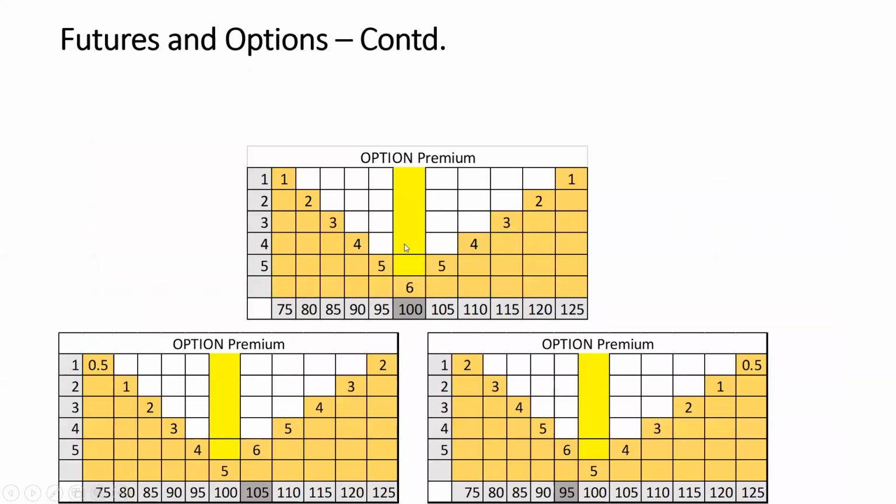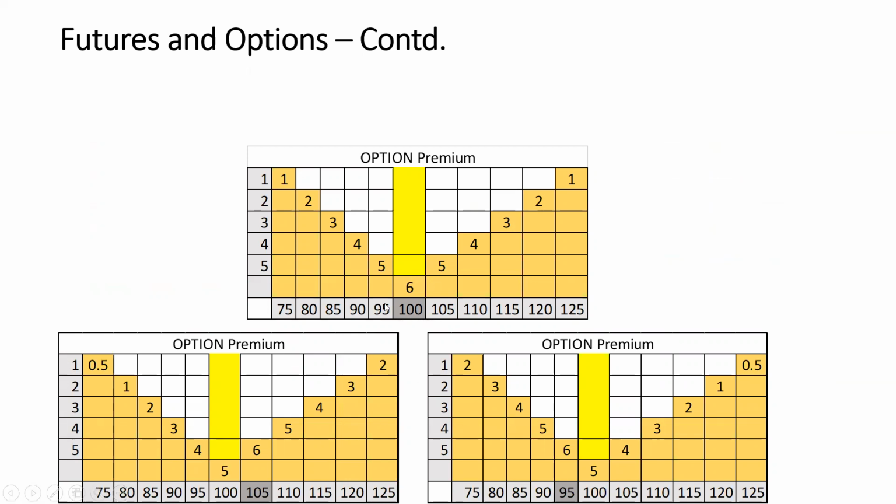Here I'll explain how the premiums work. Assume the spot price is somewhere around 100. Then the premium, just as an example, will be 6.